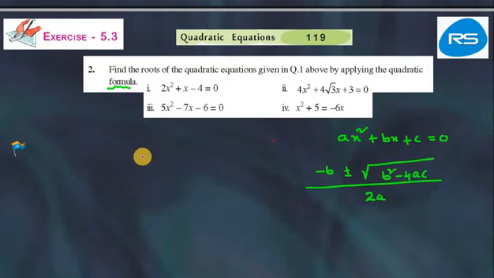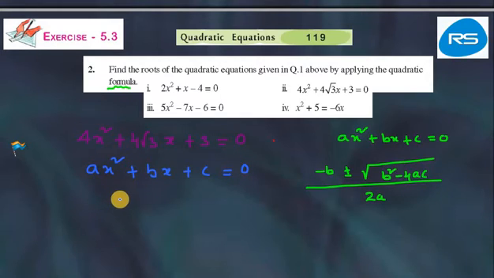So moving to question number 2. What is the question given here? 4x square plus 4 root 3 x plus 3 is equal to 0. Now you compare with ax square plus bx plus c is equal to 0.